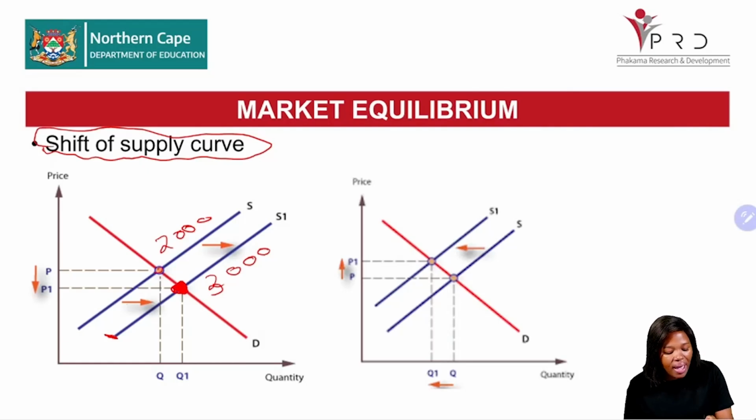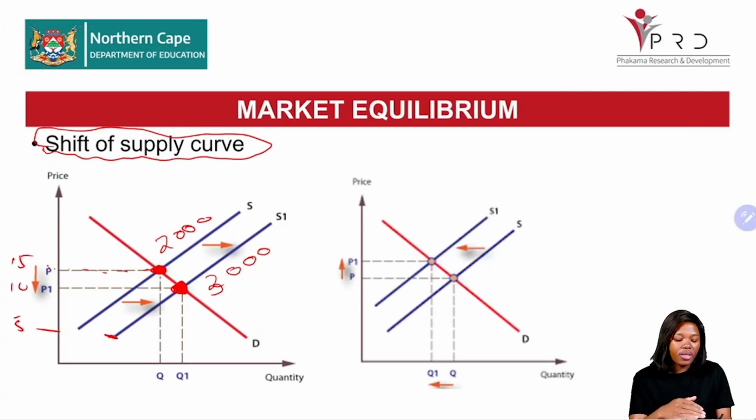Let's just say here we had 5, 10, 15. Now, our first equilibrium price was 15 Rand. Now, in this season the supply has increased, or the quantity supplied has increased. Now, that forces the graph to shift to the right.